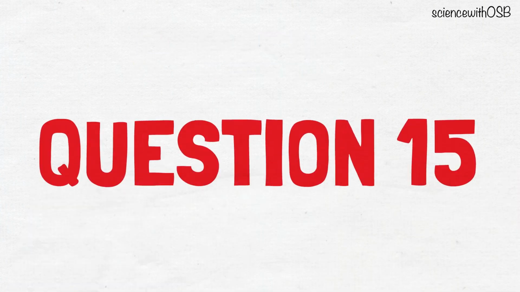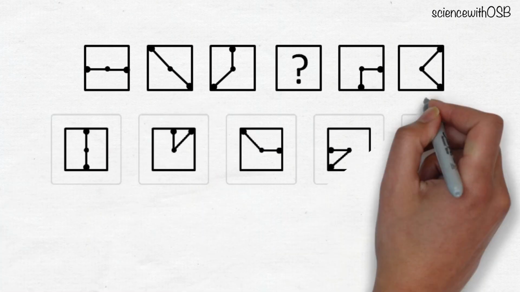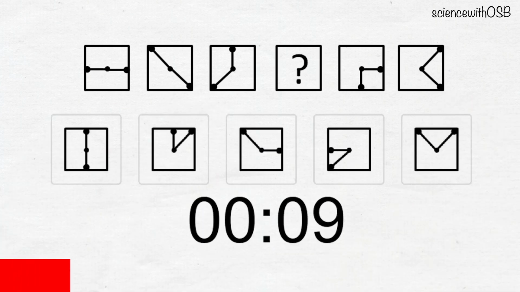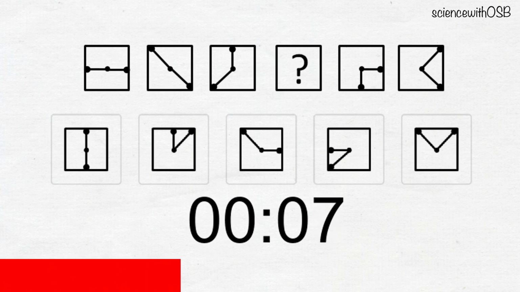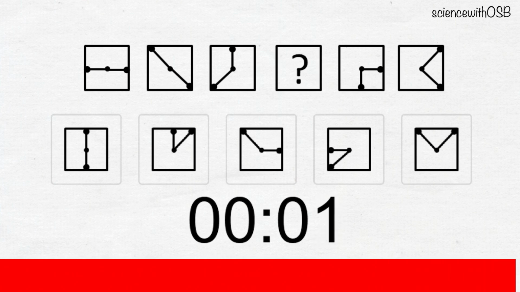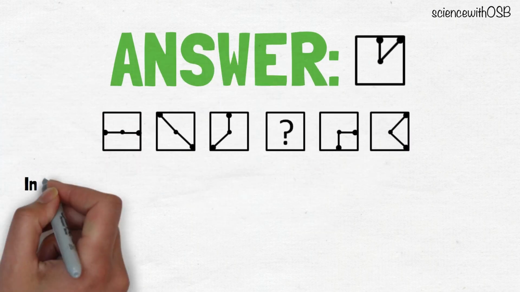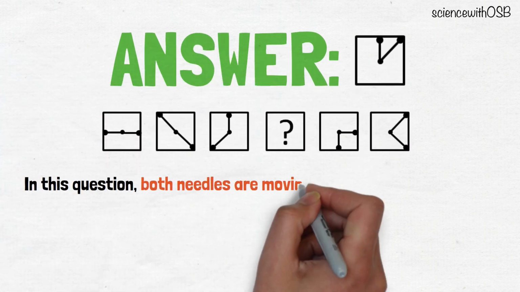Question number 15. Choose the image that completes the pattern. The correct answer is option 2. In this question, both needles are moving clockwise.